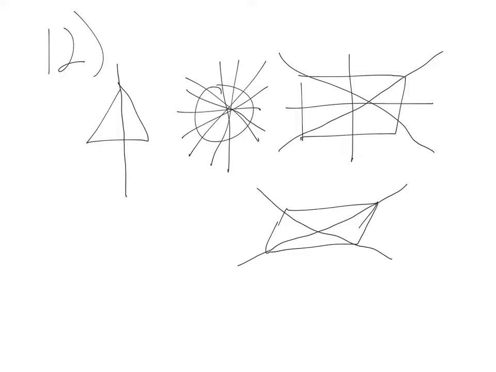I don't have symmetry about a vertical axis, and I don't have symmetry across a horizontal axis, so I only have 2 lines there. So if I'm ranking, there was 1 here, 2 here, 4 here, and infinity here. So the circle is clearly the most symmetrical, according to my definition of the term symmetry, and the triangle is the least.